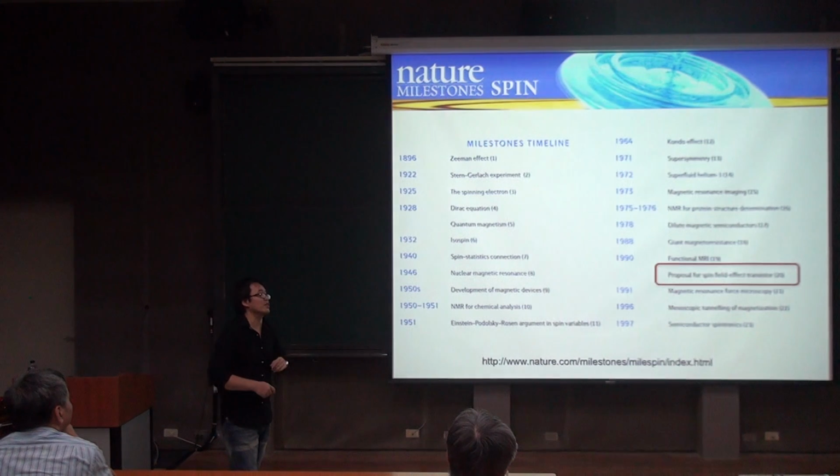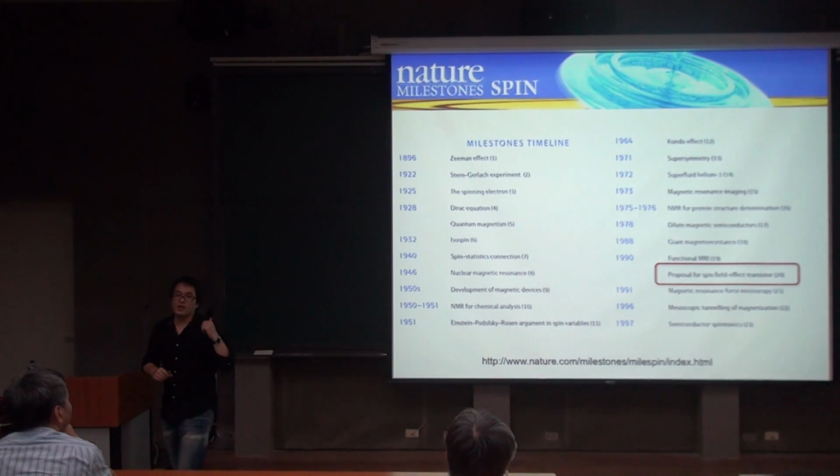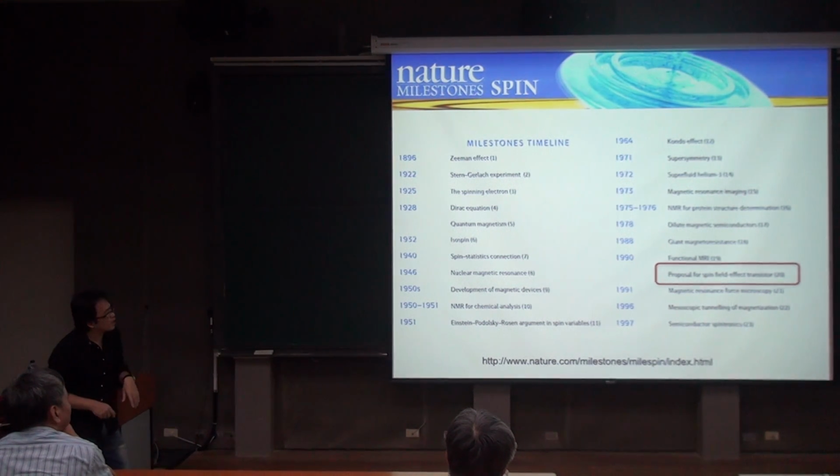But before going into the detail, I need to show you this slide. This is Nature magazine, which I think published in 2008 about 23 milestones in the past 100 years. You can see something quite familiar even to undergraduate students, like the spinning electron, the Dirac equation.